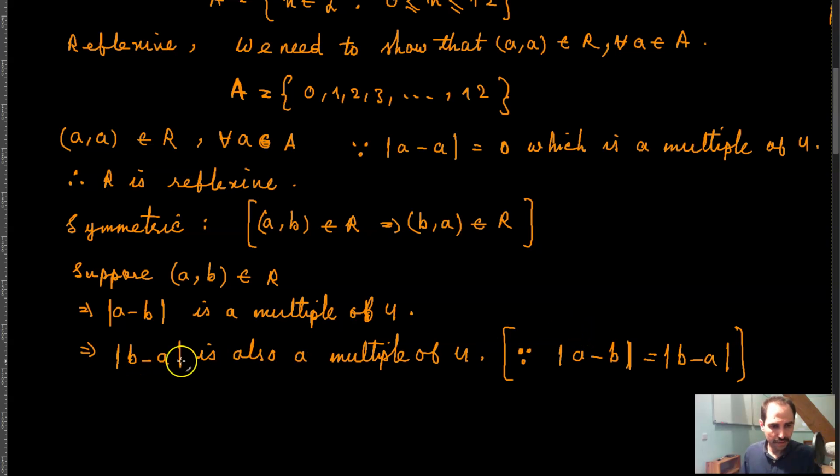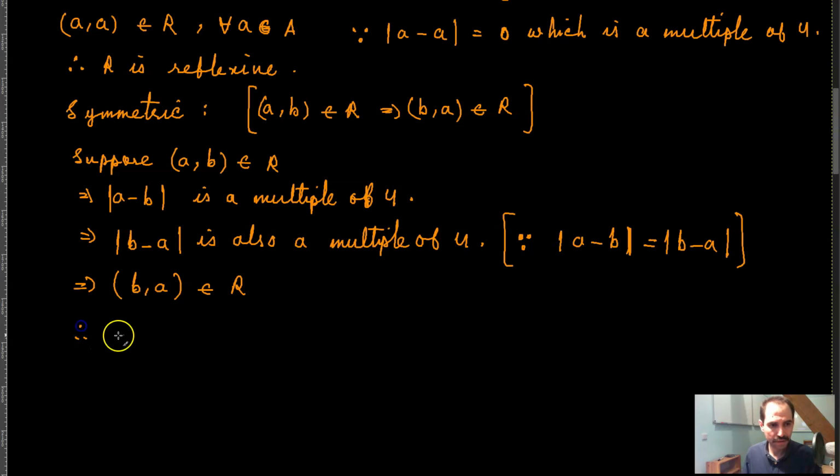And so the absolute value of B minus A is also a multiple of 4, which means that the ordered pair B comma A does belong to R. So A comma B belongs to R, B comma A belongs to R, which means that R is symmetric.